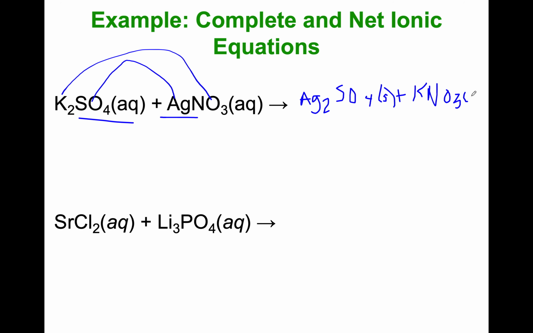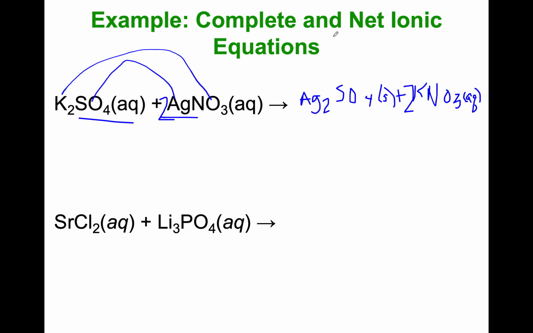And that's in solution. So this is the molecular that we're balancing, making sure we've got a nice balanced chemical equation. You can see here we've got 2 potassiums, and we've only got 1 potassium here, so let's put a 2 here. We got 2 silver, 2 nitrate, so we put a 2 here. Okay, so now we're balanced with our molecular equation.